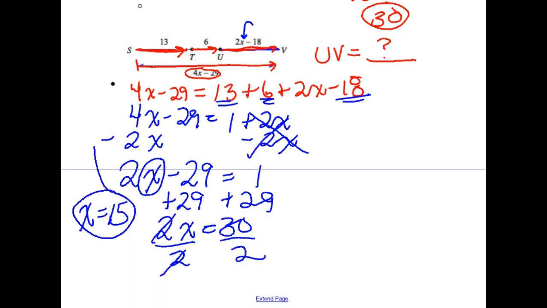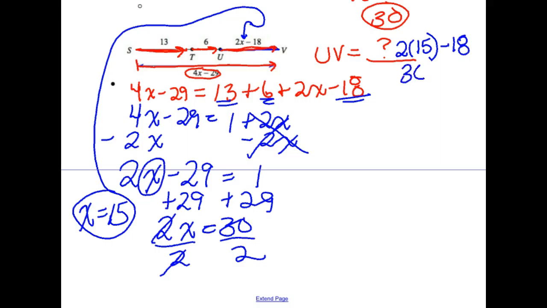That gives me the attachment to that arrow. So from U to V is going to be 2 times x, which I just found to be 15, minus 18. So what I get with that is 30 minus 18, which is 12.